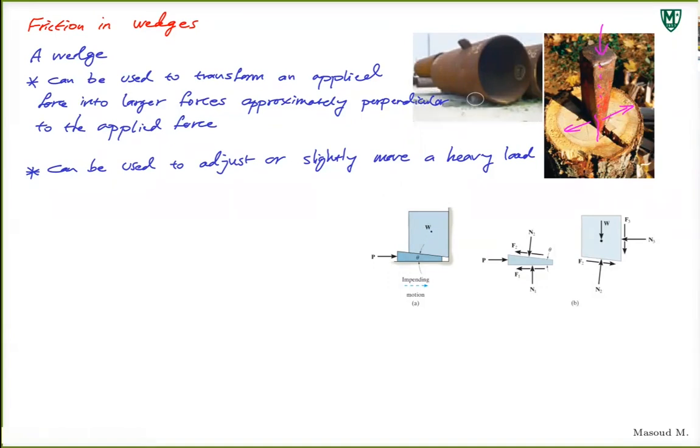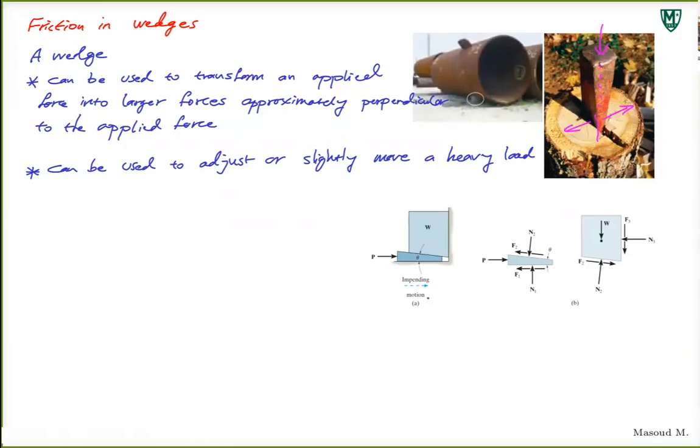So you're adjusting some height in a machine, even. That force can be some kind of screw tightening or loosening or some kind of spring pushing that force. But let's say it's a force applied to this wedge. It's a simplified version of some mechanism, and we're trying to adjust the height. We just want to lift this block.